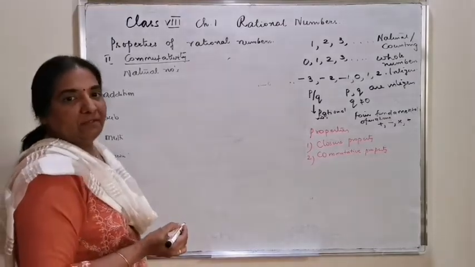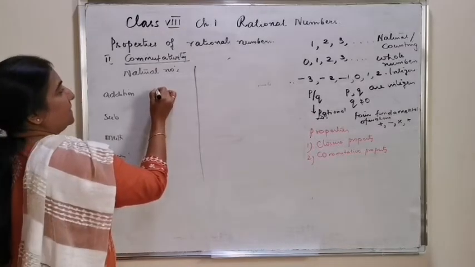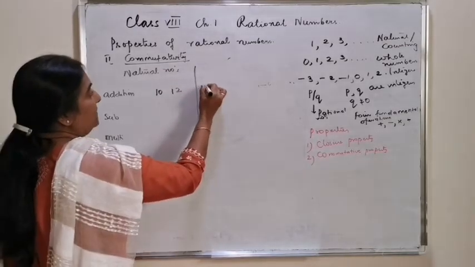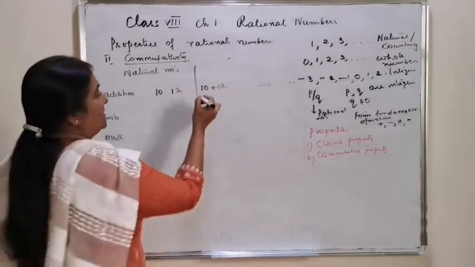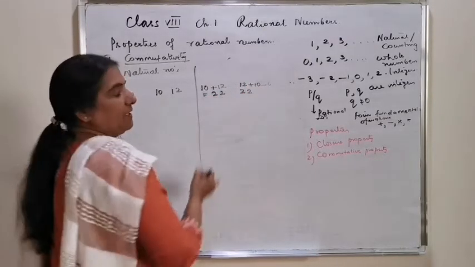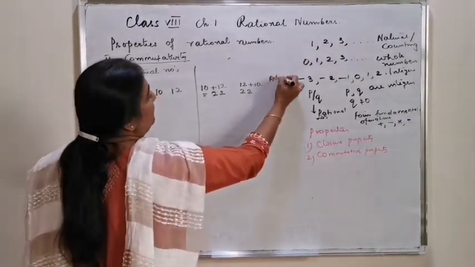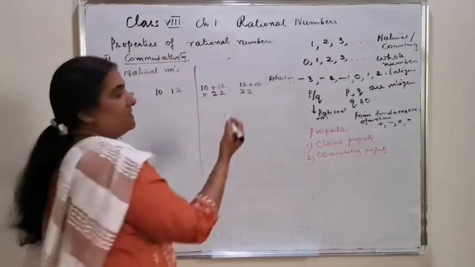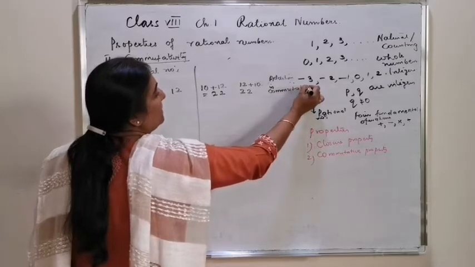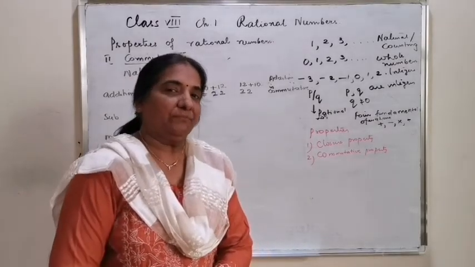Let the two natural numbers be 10 and 12. 10 plus 12 is 22. 12 plus 10 is also 22. Thus, you can say natural numbers are commutative under addition.